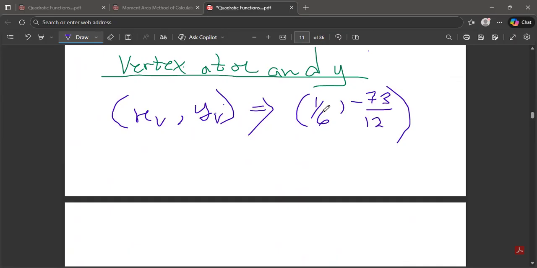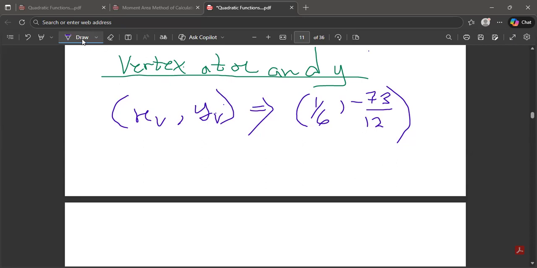Okay. And so what is going to be the minimum point of the graph? From where we have gotten to, what is going to be the minimum point of the graph? No, the minimum point of the graph is what?